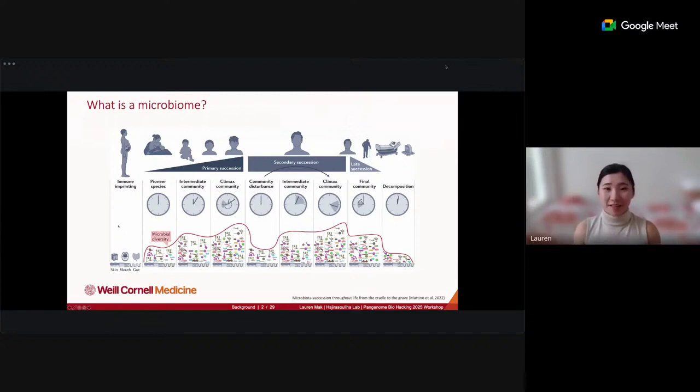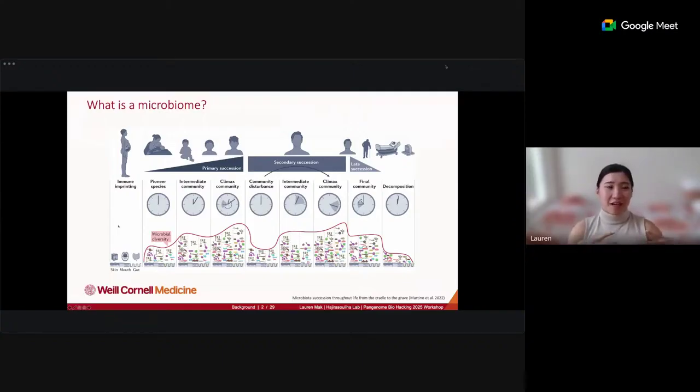And this environment can be host associated, it can be free living, just in some sort of abiotic situation. And for example, because we love focusing on human beings, the human microbiome consists of all the microbes, which means bacteria, fungi, viruses, archaea, among others, living on or inside the human body.